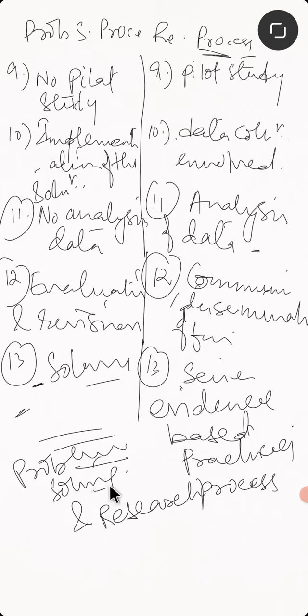Problem solving process is a process or a method to solve a defined problem, whereas the research process is a process in order to analyze the stated problem on the basis of evidences.